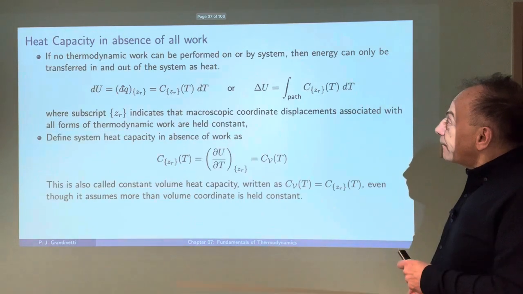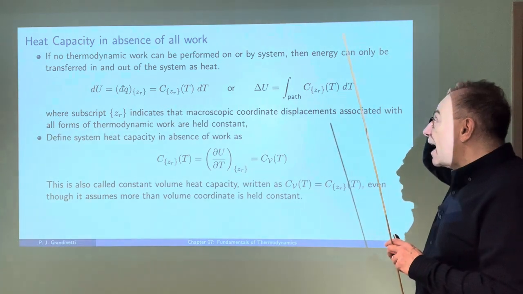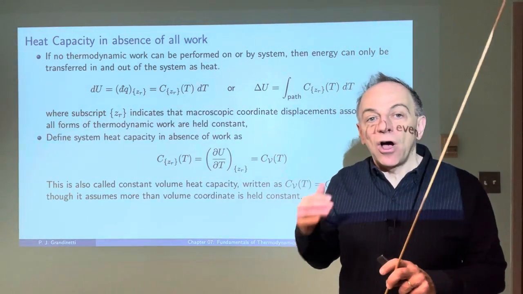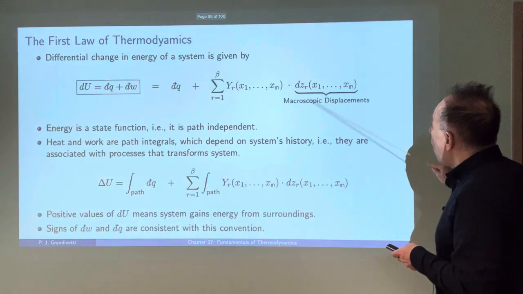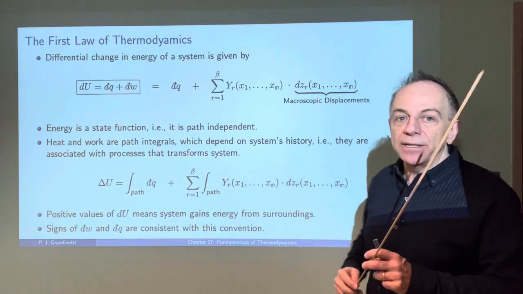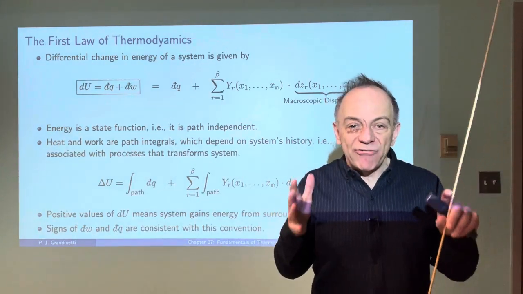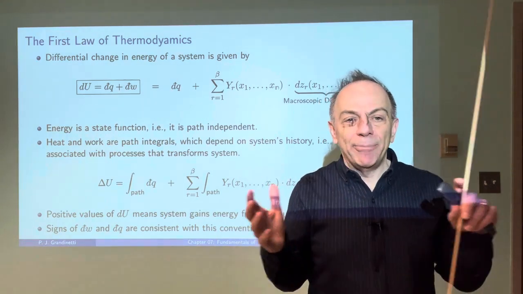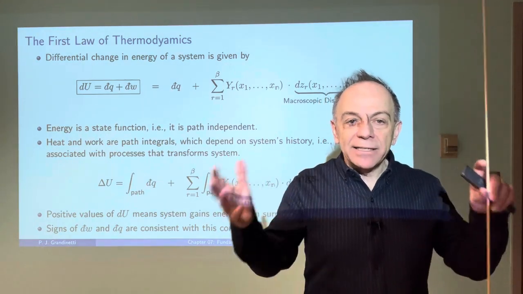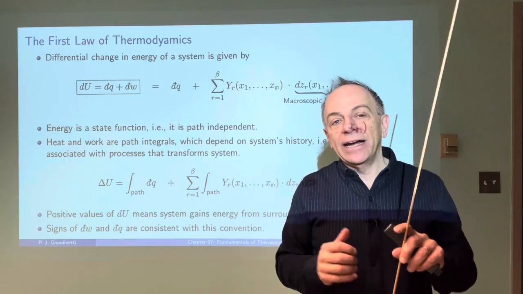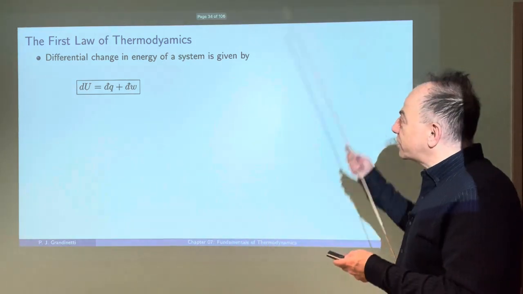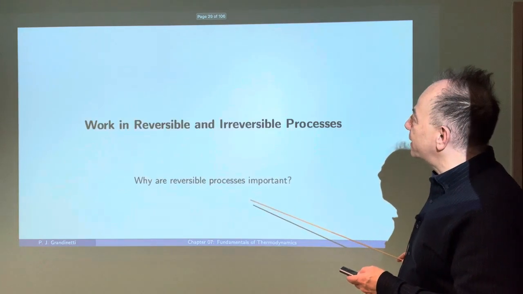Okay. Now, if we decided that we wanted to prevent all work from happening, if I made all of these macroscopic displacements go to zero by somehow preventing the system from having a volume change, from preventing any kind of magnetization of the system or any kind of expansion of the surface area, or all those possible works that we saw in this table here.